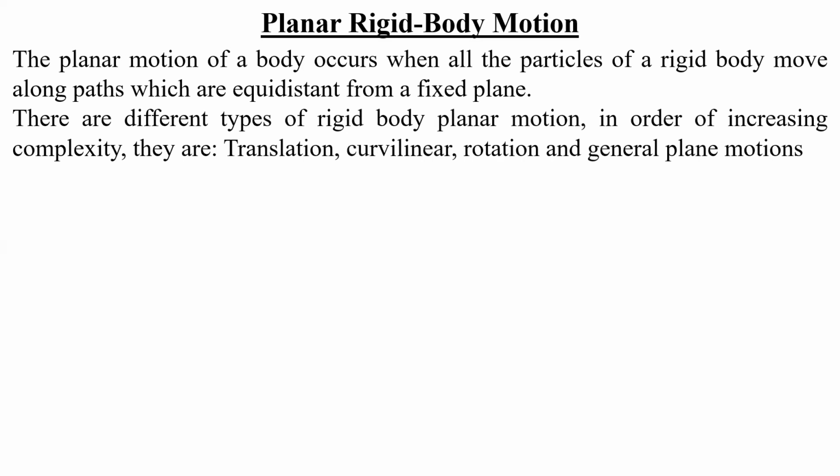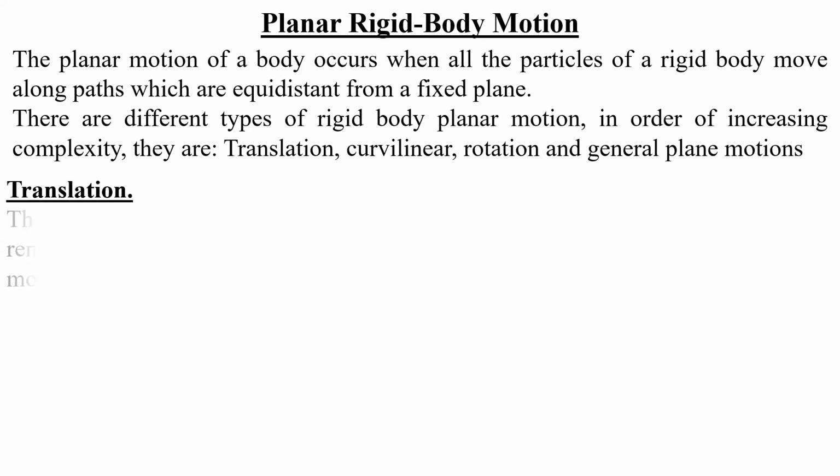There are different types of rigid body planar motion. In order of increasing complexity, they are translation, rotation, and general plane motion. General plane motion is a combination of translation and rotation.